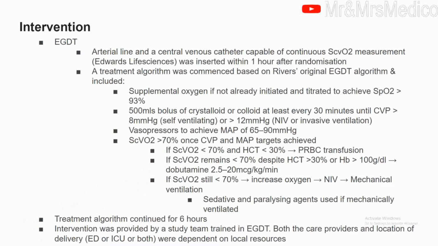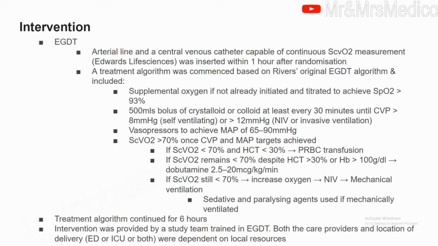It included supplemental oxygen if not already initiated, to achieve SpO2 more than 93%. A 500 ml bolus of crystalloid or colloid at least every 30 minutes until the CVP was more than 8 mmHg if self-ventilating, or more than 12 mmHg on NIV or invasive ventilation. Vasopressor to achieve a MAP of 65 to 90 mmHg.